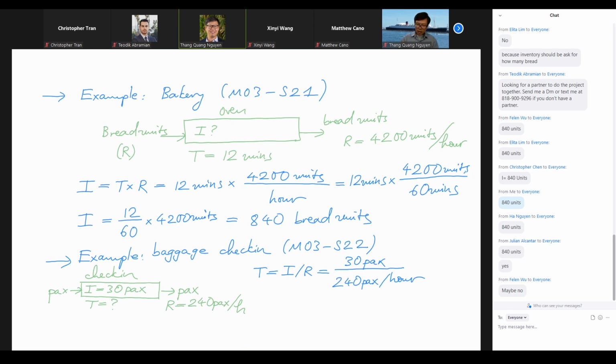So we only have 30 divided by 240, and then the hour will be flipped up because hour is in the denominator of another denominator, right? So at the end, we have the following. So 30 divided by 240 is what? The zero will disappear. We only have 3 divided by 24. 3 divided by 24 is 1/8, right?